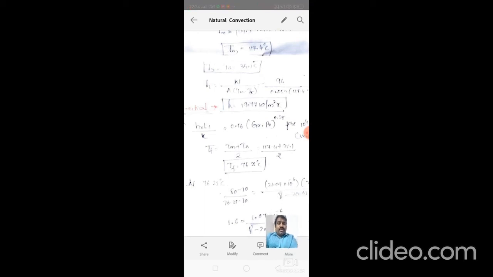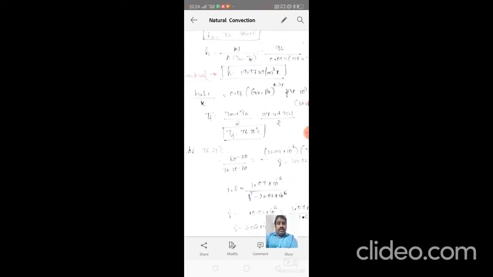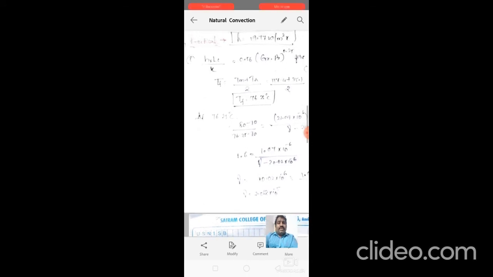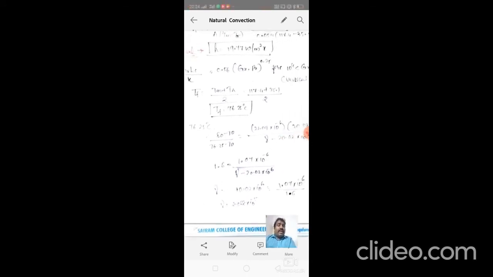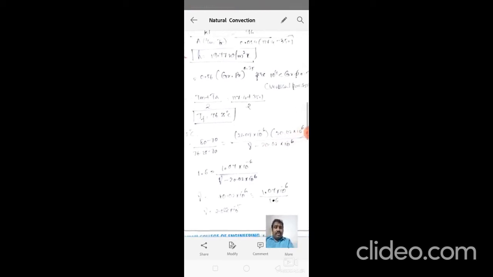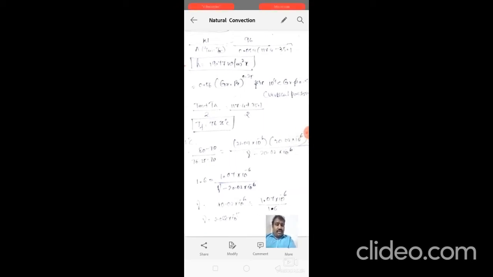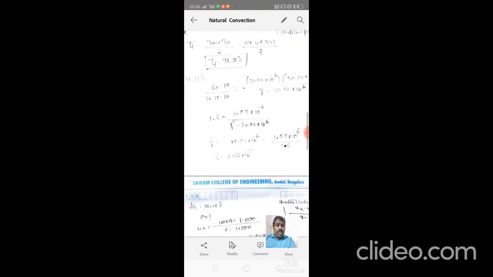At this temperature we are going to find the various fluid properties like kinematic viscosity and thermal conductivity and so on. At 76.25 we won't get a direct value, as it lies between 70 and 80, so we can find these values by the interpolation method. Finally, the viscosity value is 2.068 into 10 to the minus 5.